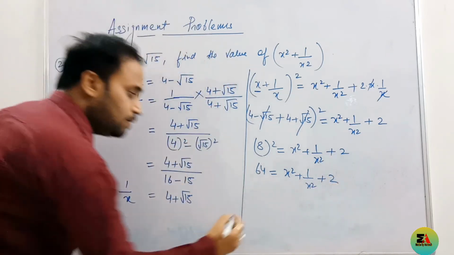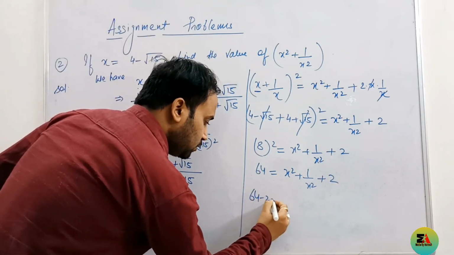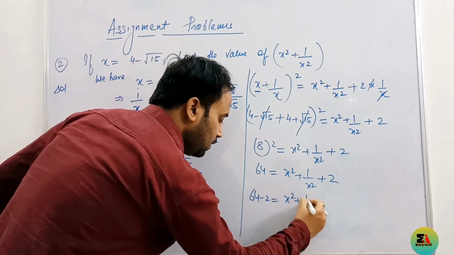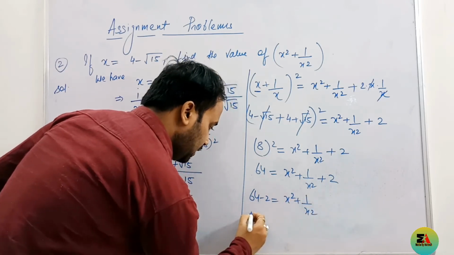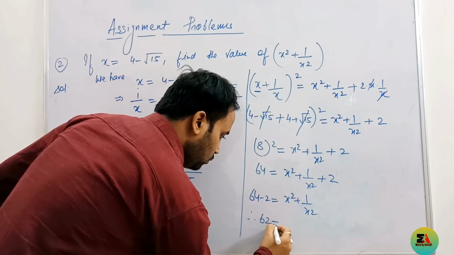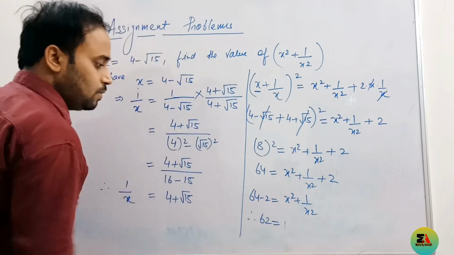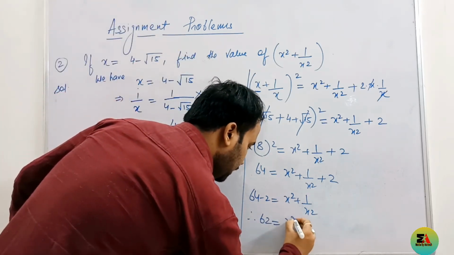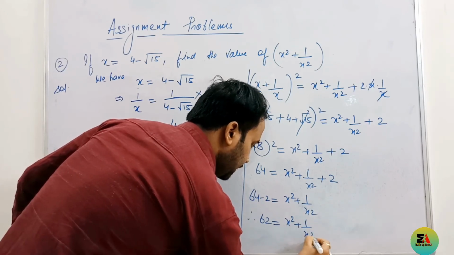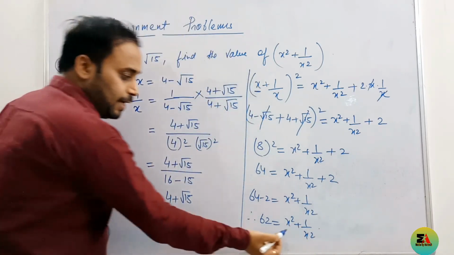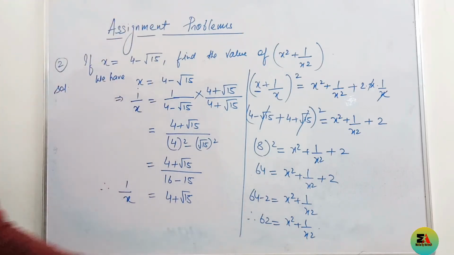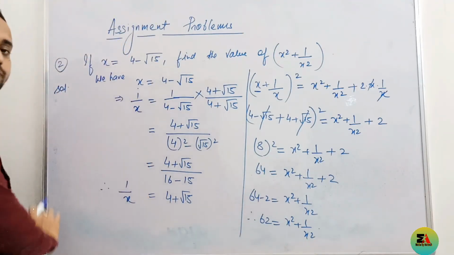This 2 comes here. 64 minus 2 is equal to x square plus 1 by x square. This becomes 62 equals x square plus 1 by x square. Therefore, the value of x square plus 1 by x square is 62. I hope this one is clear to you.